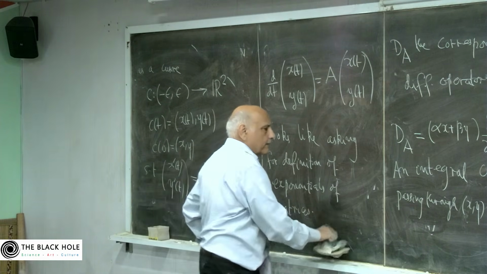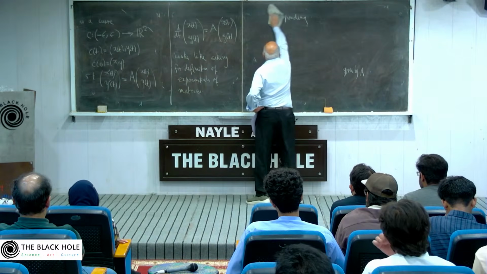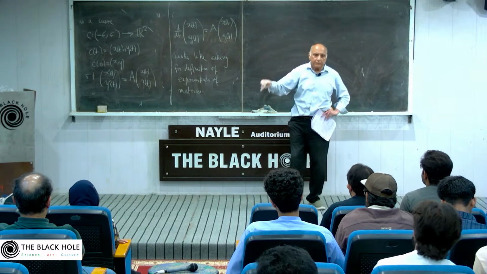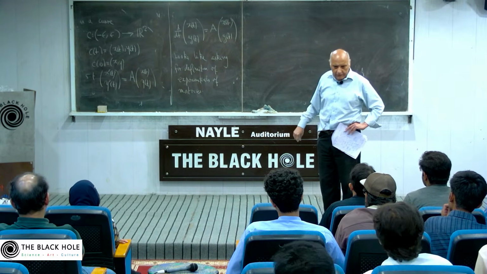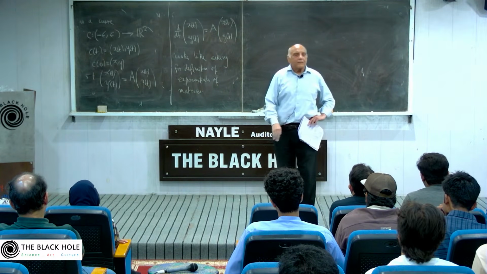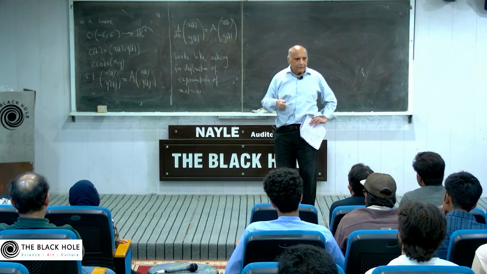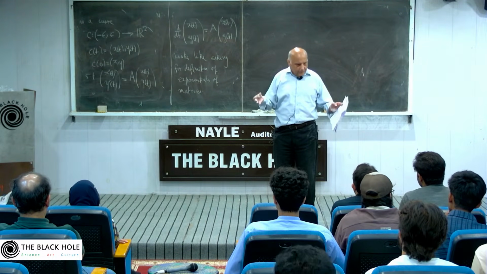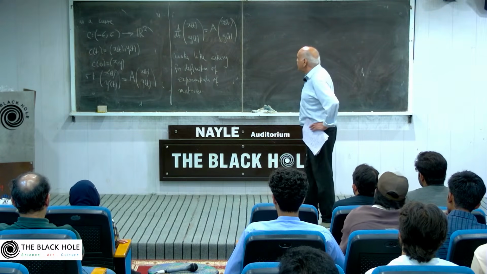Indeed there is a definition. What was the definition of e to the power of x? What was the Maclaurin series? 1 plus x plus x square and so on. A matrix, where does it live? For a 2 by 2 matrix, how many entries do you need? 4. So it's an element of a 4 dimensional space.